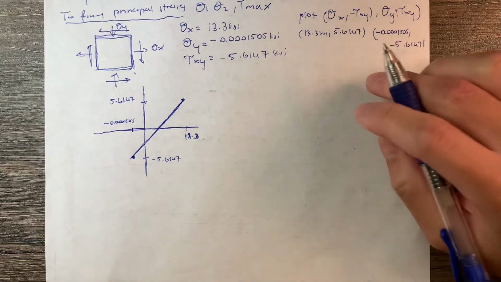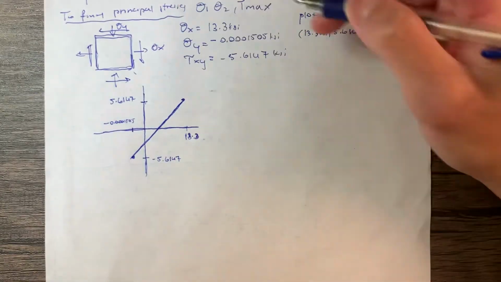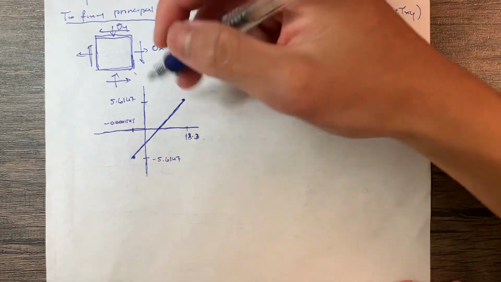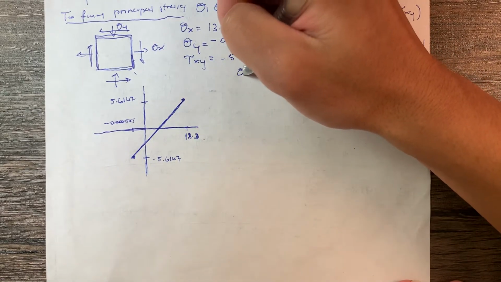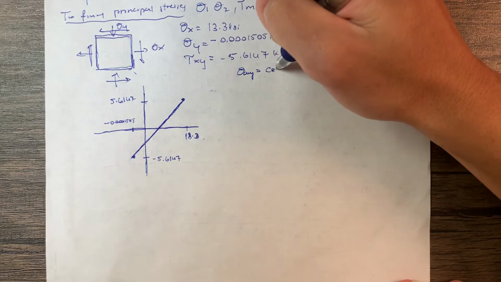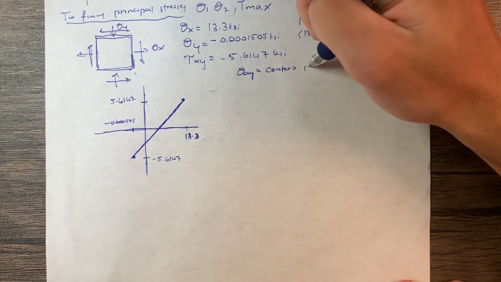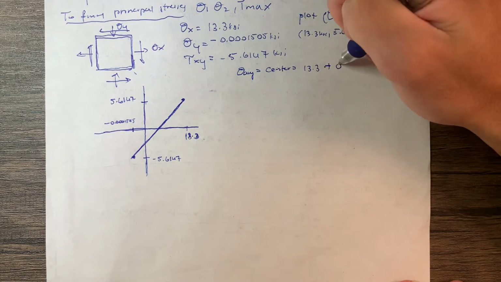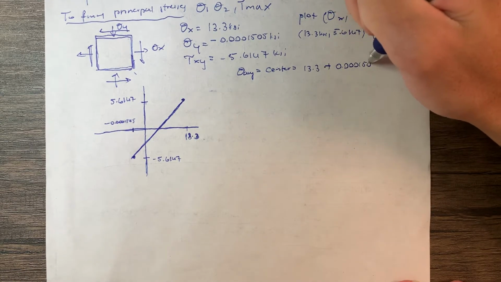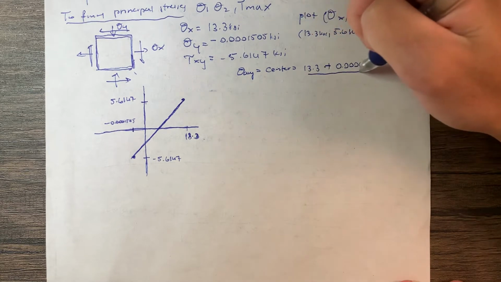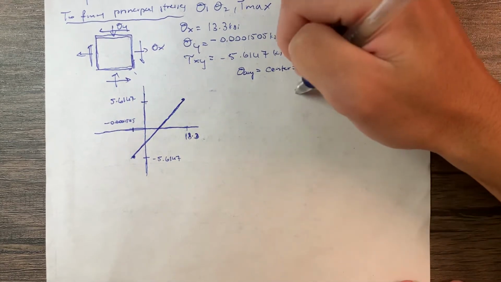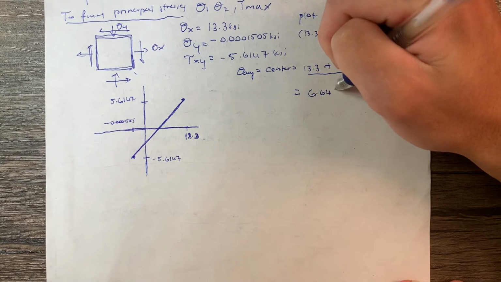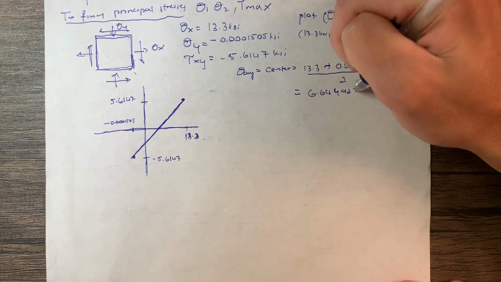I like to find the center, so I know where the top of the circle will be. The center is just the average between the two. So the average stress is 13.3 plus negative 0.000150, divided by 2, and we have 6.649923.